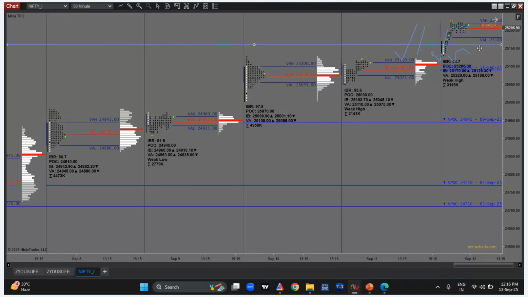And since many clients are asking, let me just clarify to everyone. Mirra indicators you can use in NinjaTrader 8. NinjaTrader 8 is a technical analysis software. It is a free software. And you can use the Mirra indicators with the Accelpix data feed. We are providing Mirra indicators for free. You can contact the Accelpix team.